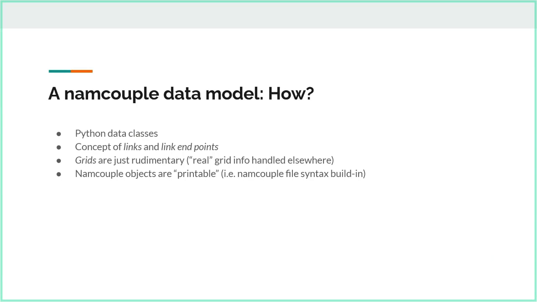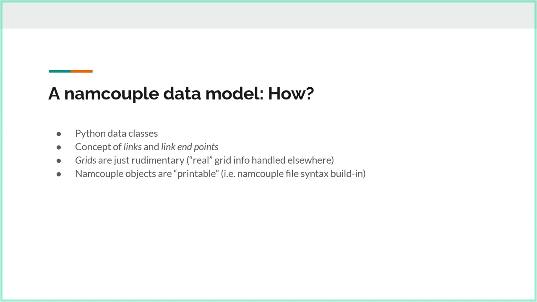All right, recognizing that we want to have the information available, what is stored in the NumCouple file? Can we have a good data model for that? Now we're going into more of the implementation questions. What we did was set up Python data classes, but it's not important that it's a certain Python feature.